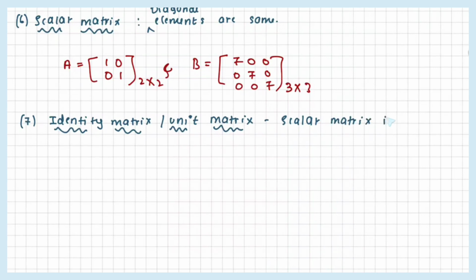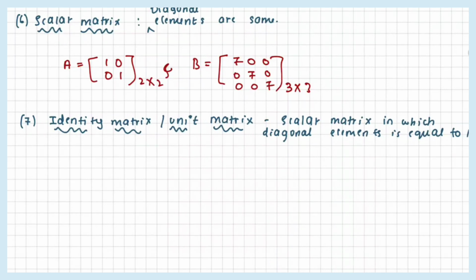A scalar matrix in which the diagonal elements are equal to 1. In a scalar matrix it could be 7, 7, 7 or 9, 9, 9 or 8, 8, 8, but here it should be 1 only.